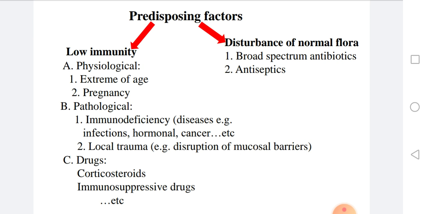Bacterial infection like Mycobacterium tuberculosis infection leads to tuberculosis. Parasitic Leishmania donovani infection leads to visceral leishmaniasis or kala-azar.